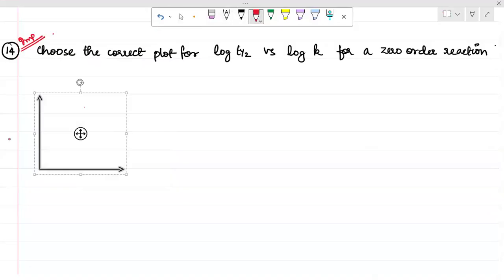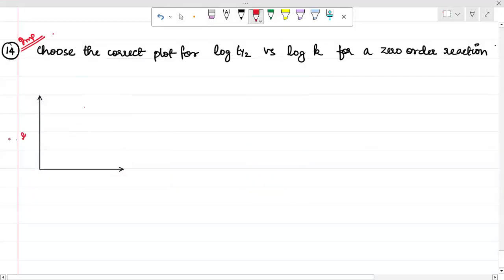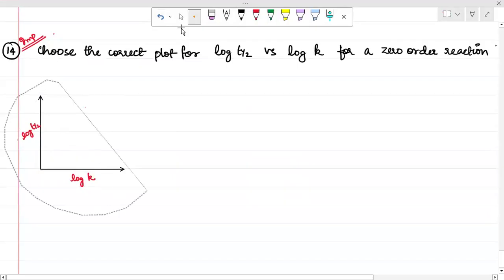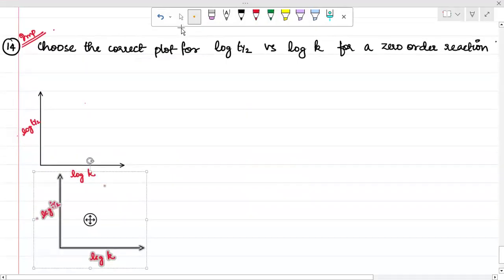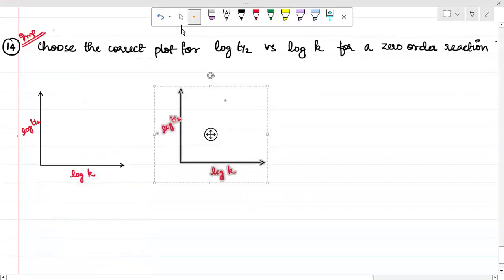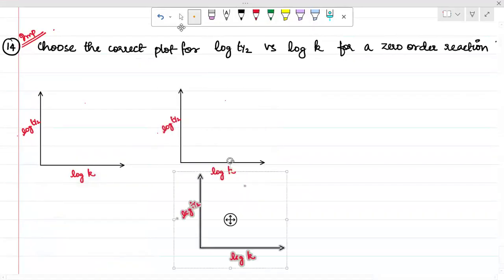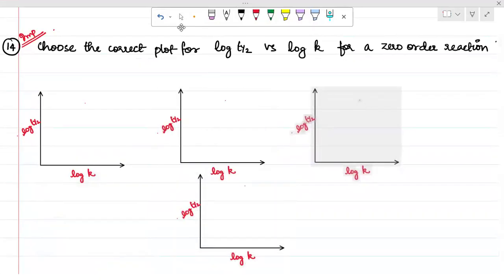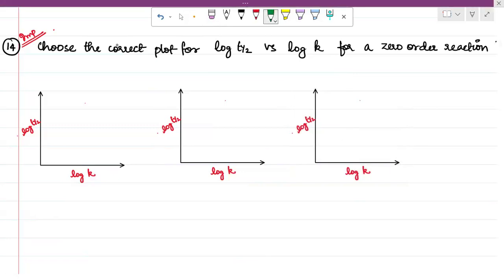So you have log T half and you have log K. Okay. Option A, your graph is like this.